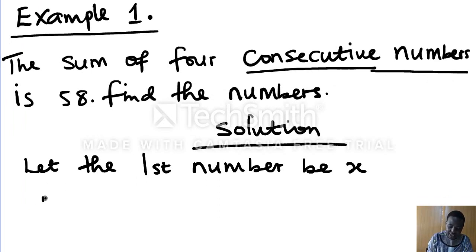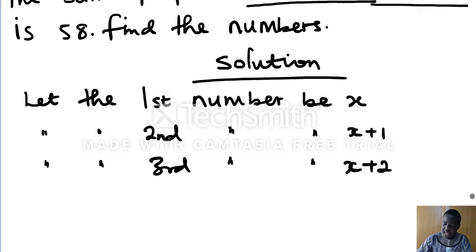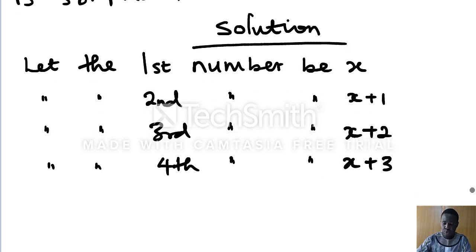If the first number is x, that means the second number will be x plus 1. And what will be the third number? Because they say there are 4. So the third number is going to be x plus 2. And the fourth number will be x plus 3.